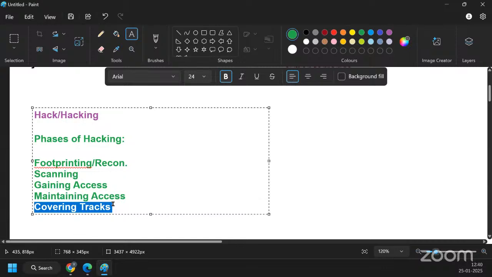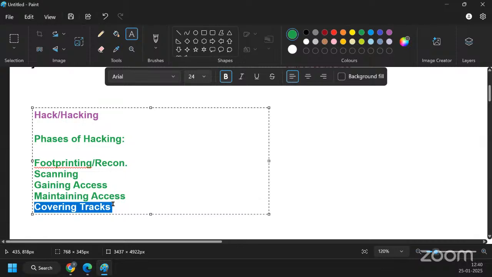So for that, guys, can we check the logs, which will provide us the information about the system compromise? Right? The logs are considered a treasure trove for us, for the security analysts and the forensic people.